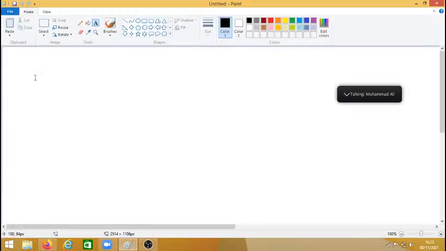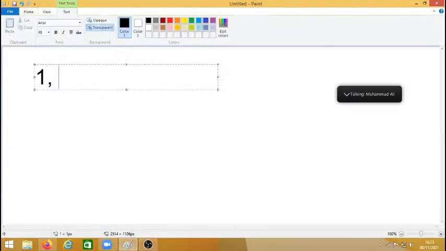This time we're going to take a sequence, and say we're dealing with fractions, so we've got 1, 0.5, and then 0.25, and then 0.125.